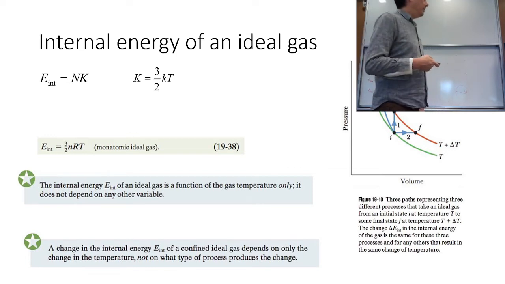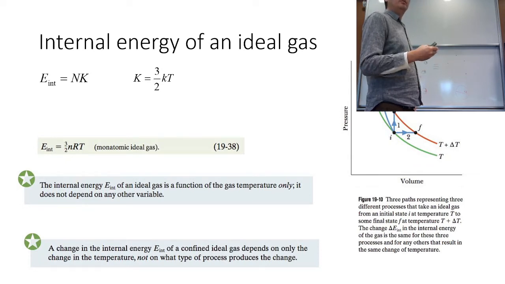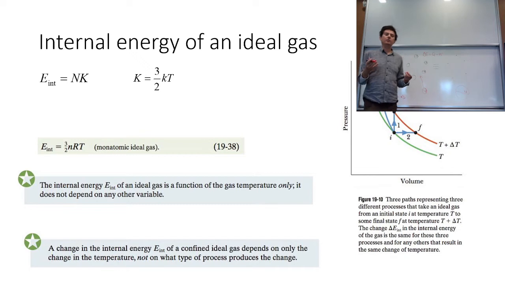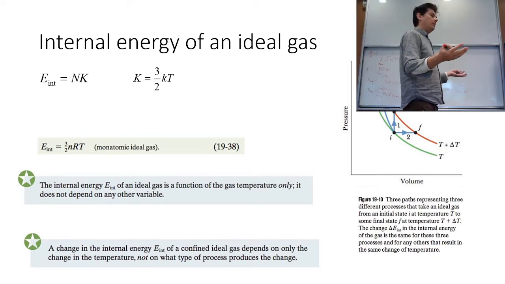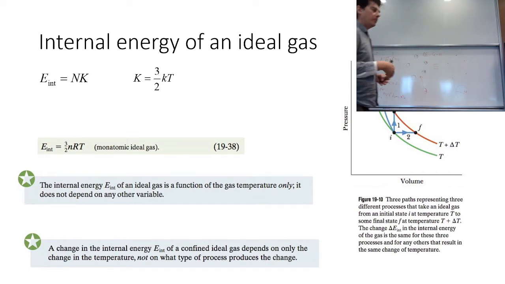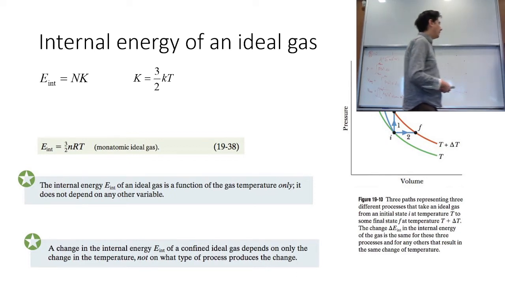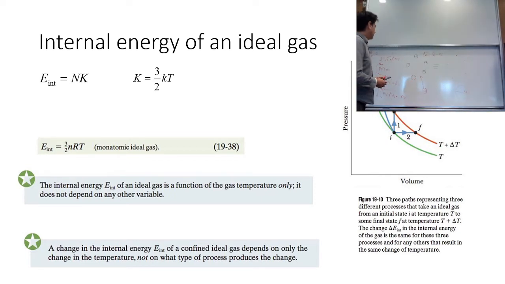The internal energy, which we hypothesized when we were talking about the first law, we said that delta E is equal to Q minus W, a kind of conservation of energy relation, right? So there's only two ways that the energy of a gas can change. It could either lose or gain energy by heat, or the gas might do work and lose or gain energy that way.